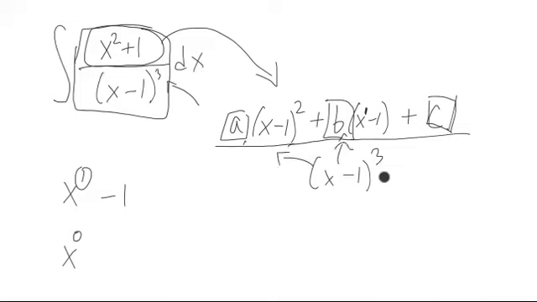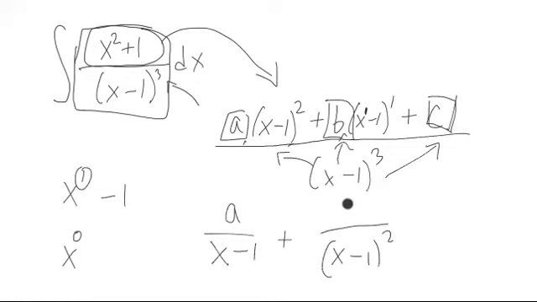So it goes to each part. Distributing it, this square and this cubed, we can reduce that fraction, so it's just A over x minus 1. Plus, over here, the x minus 1 to the first and cubed reduces to x minus 1 squared on the bottom with a B on the top. And over here, it's just C over x minus 1 quantity cubed.